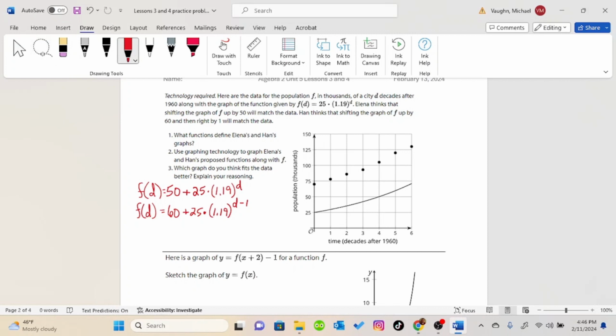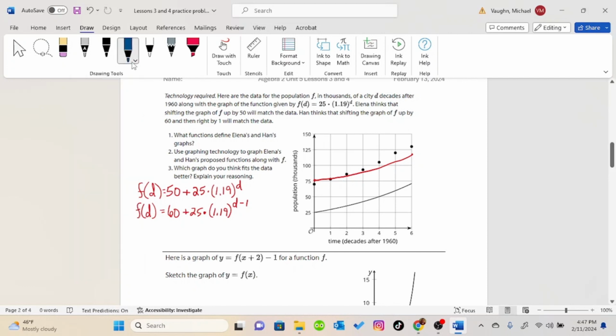Elena's starts right around here, and it hits right around here, and we've got that steady, same incline as this solid line down here. We're just shifting it up.